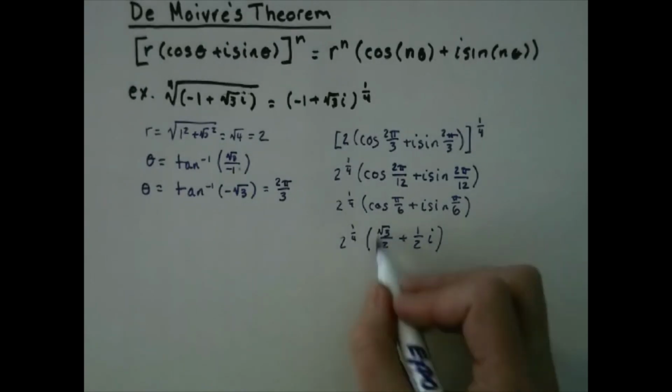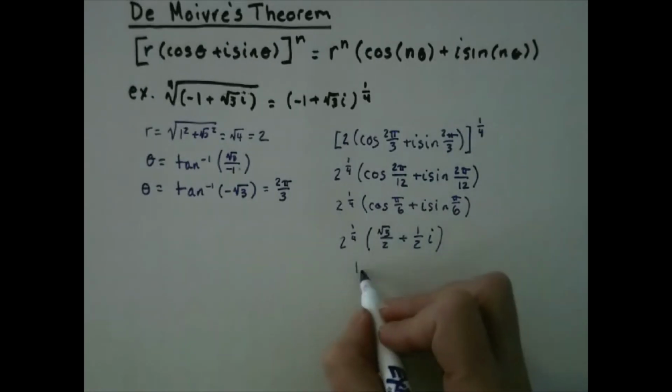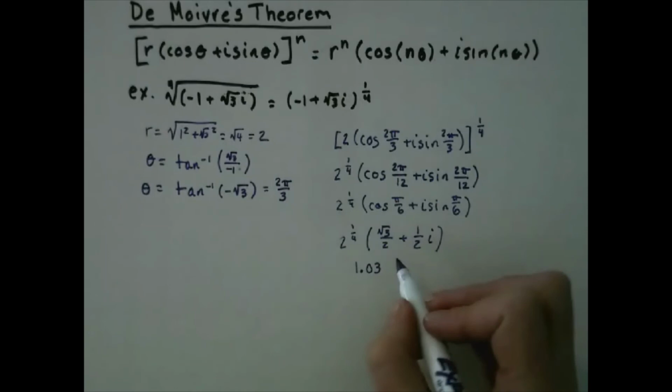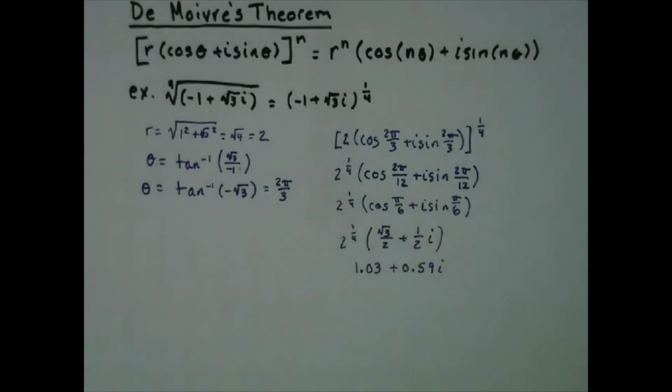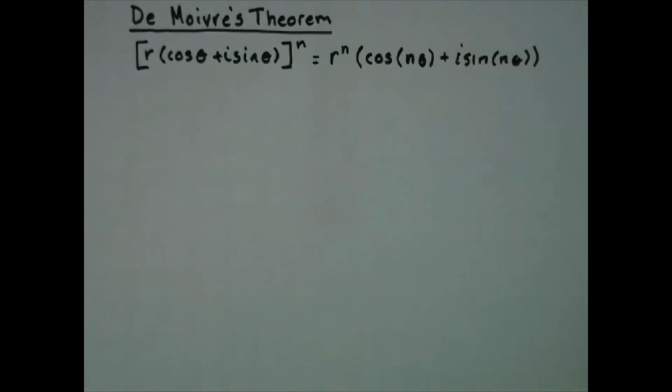So if you do that 2 to the 1/4 times this, we'd end up with 1.03 plus 0.59i. So you want to keep it exact if possible, but if you can't, then that's what we can do. So that is the polar form of complex numbers and the operations that we can do once it's in that format.